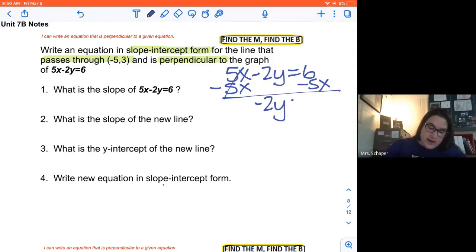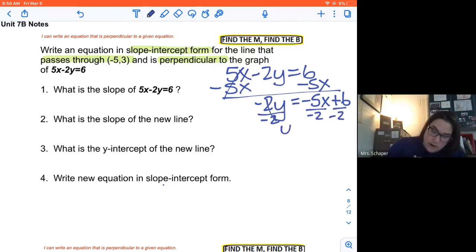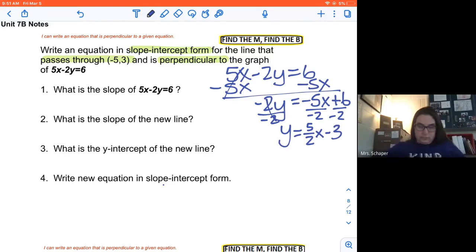Negative 2y equals negative 5x plus 6. I'm going to divide everything by negative 2. So y equals 5 halves x minus 3.